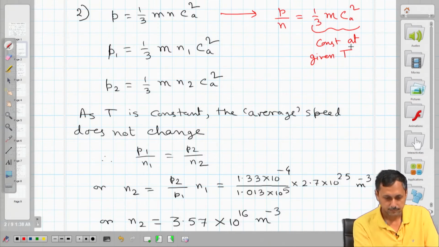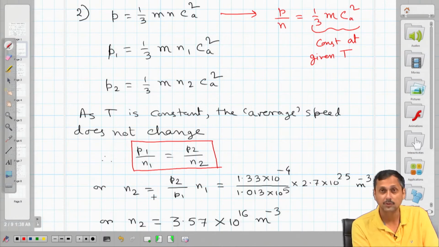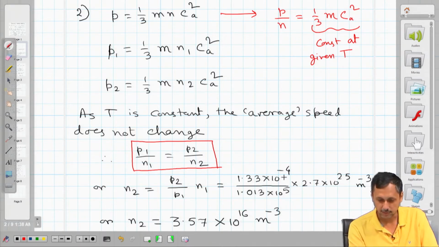So, we can write N1 P1 is equal to N2 P2. So, N2 is given by P2 by P1 times N1. So, the ratios are given, and we just have to multiply it with the total.